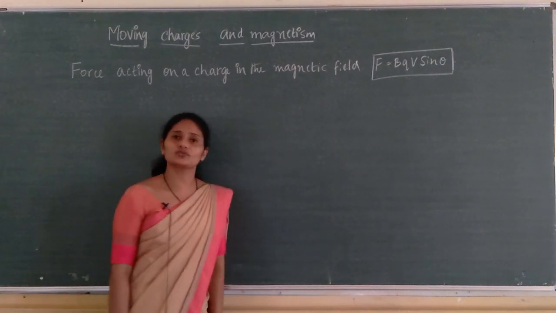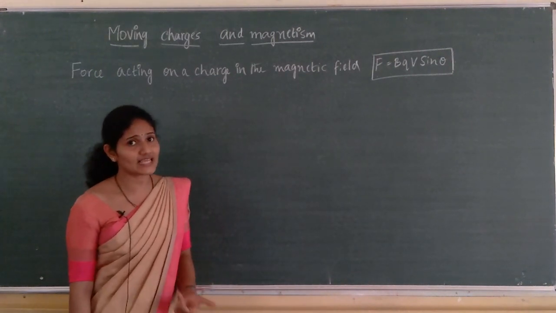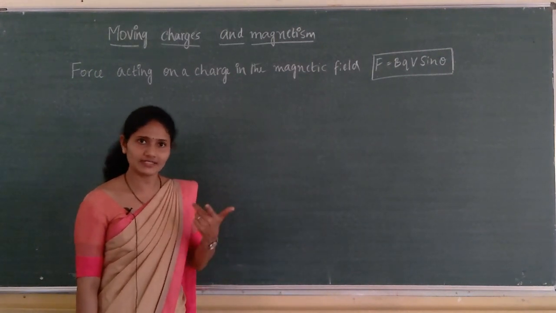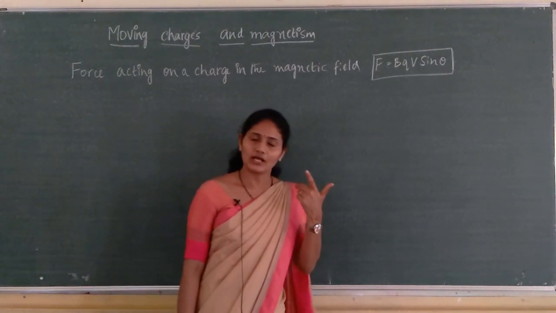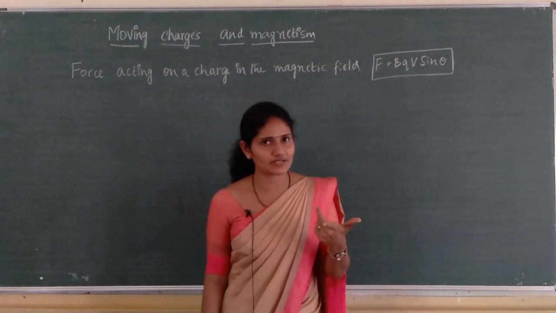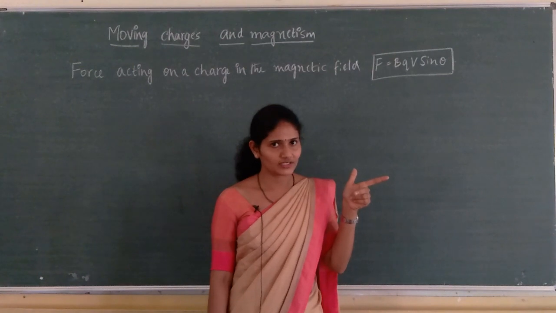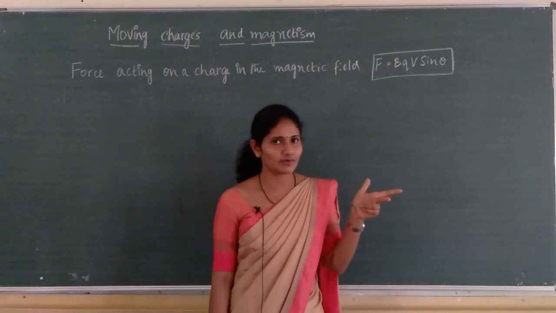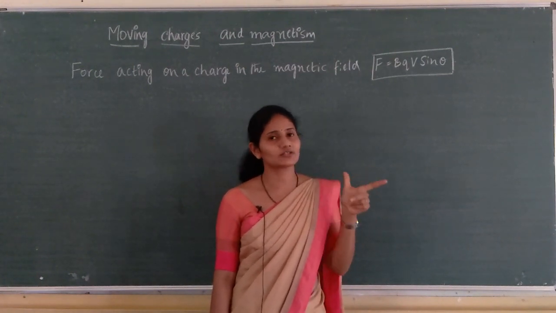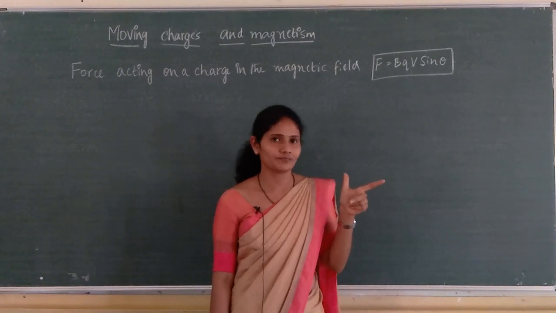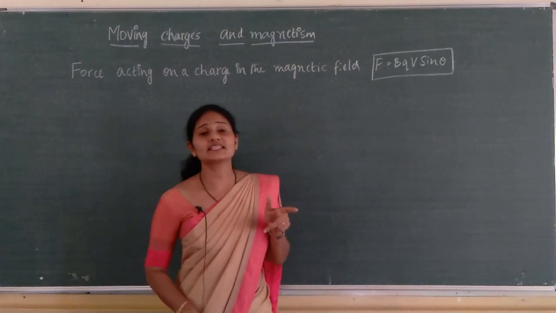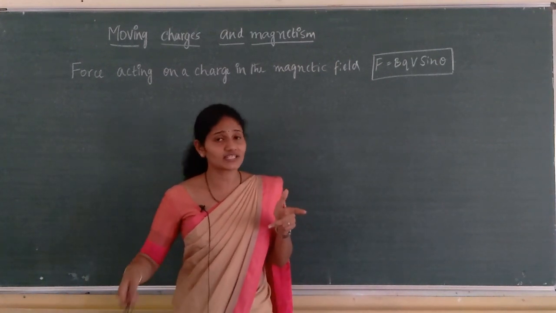Always remember, magnetic field is represented by the forefinger, velocity is represented by the middle finger, and the force is represented by the thumb.